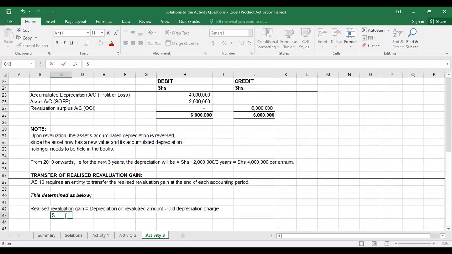Which is 4 million shillings minus 2 million shillings.